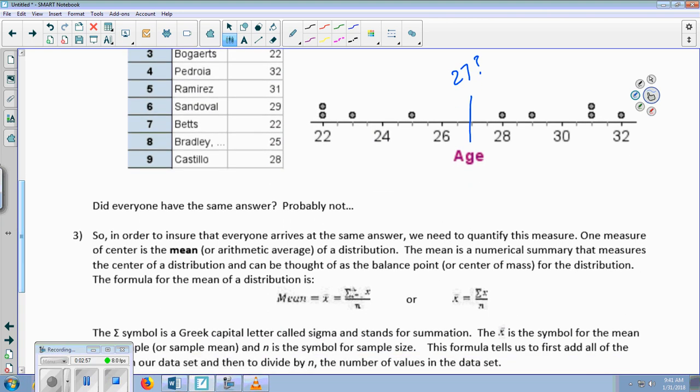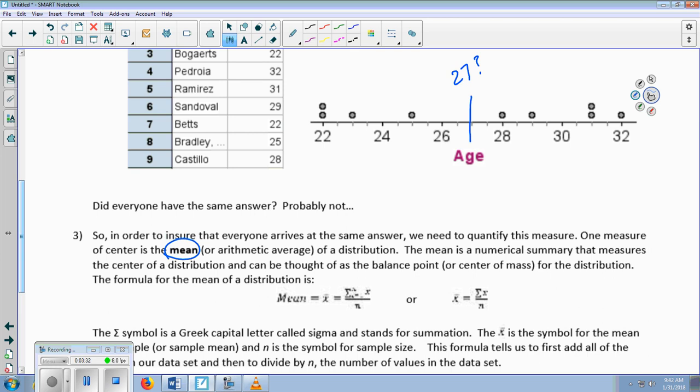In order for everyone to arrive at the same answer, we are going to quantify this measure, and one measure of center is the mean. This is probably something that you've calculated before. The mean is the average, the arithmetic average of the distribution. To calculate the mean, we sum up all of the observations, so sum up all ages, and divide by the number of observations.